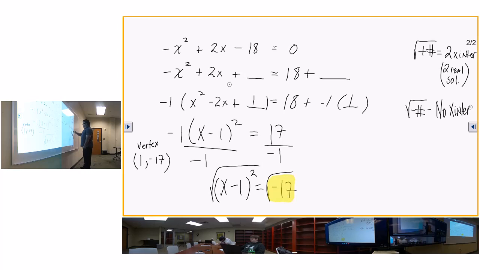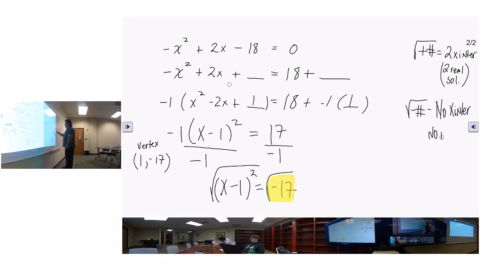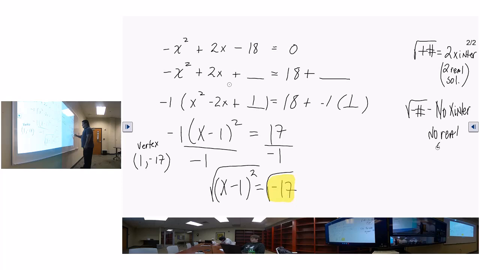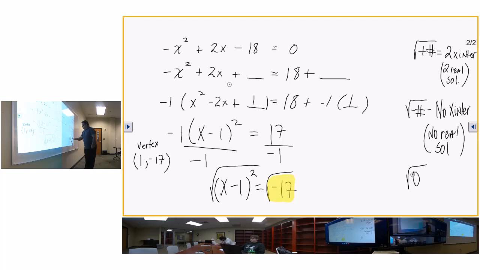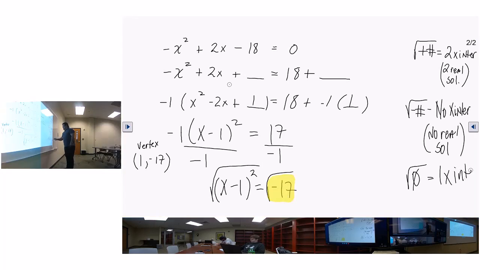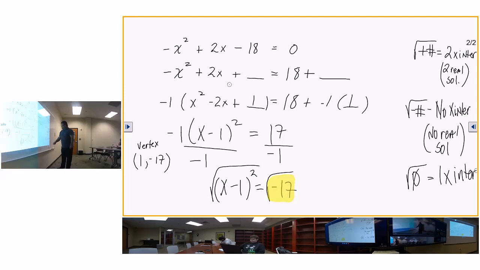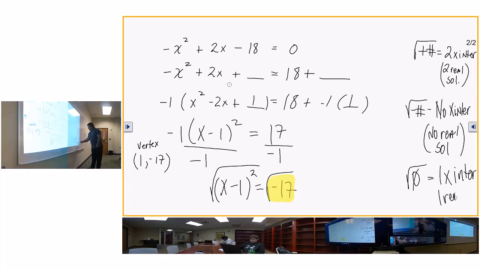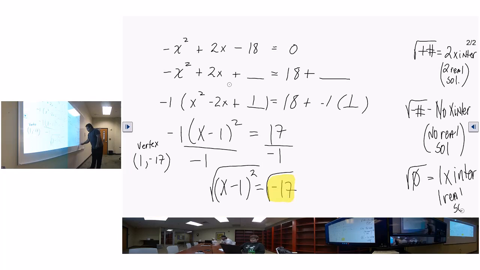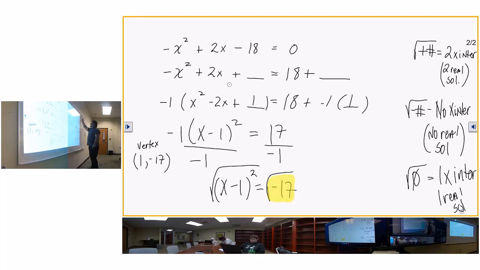Or, hold your pinky up, no real solutions. What if you have 0? 1 x-intercept. That means it's sitting right on the x-axis. That means you have 1 x-intercept, which means 1 what? Real solution.